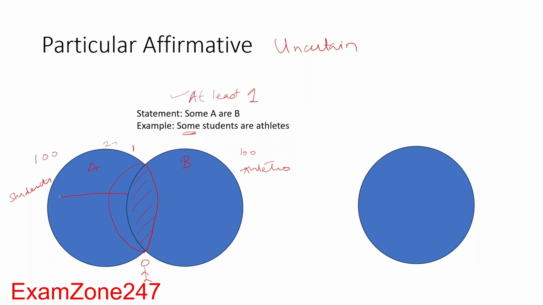You can take it up to the maximum level, and when you stretch it up to the maximum level, you will get a new possible diagram which is this, where students and athletes are equal, and still this statement is true. So in particular affirmative there are uncertain possibilities where this statement is also true and this statement is also true. This is the basic diagram which you will draw when you read this statement, but you also have to understand that this is also a possible diagram.